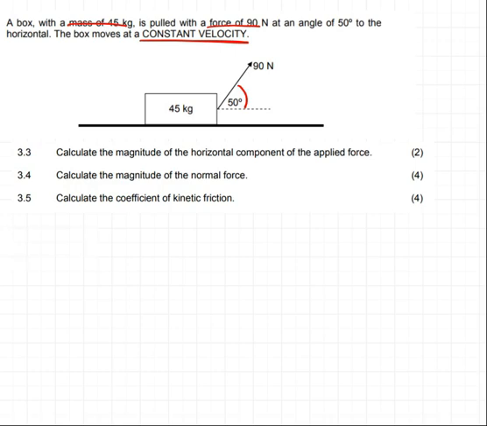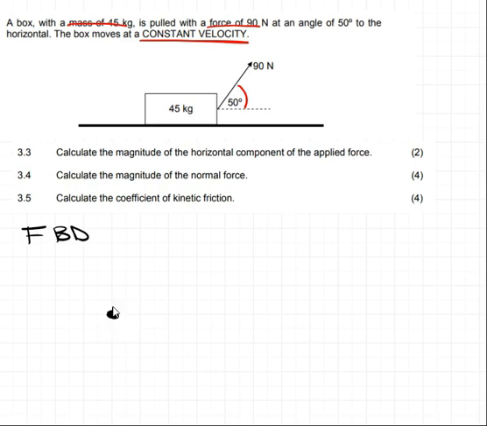But before that, let us draw a free body diagram to represent the system. For the free body diagram, there are two possible ways in which we can draw it. Firstly, we have a normal force because the block is resting on a surface.